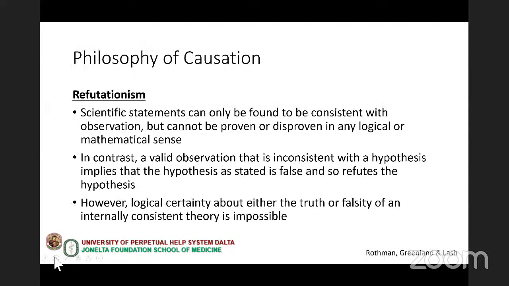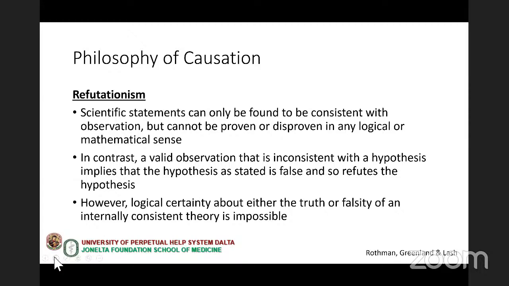Okay. Another philosophy would be refutationism. Okay, what is refutationism? So these are statements that can only be found to be consistent with observation, but cannot be proven or disproven in any logical or mathematical sense.